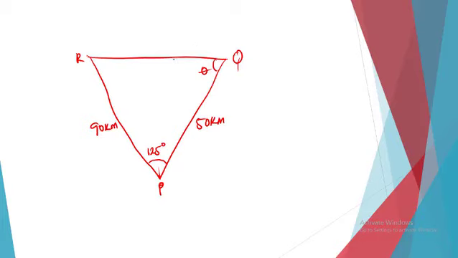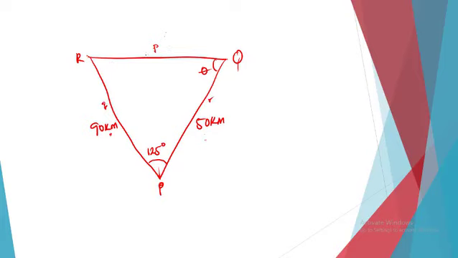Okay, so at this point let's remember that this is our small letter P, while this is a small letter Q, and this is a small letter R. So we are going to use cosine rule.